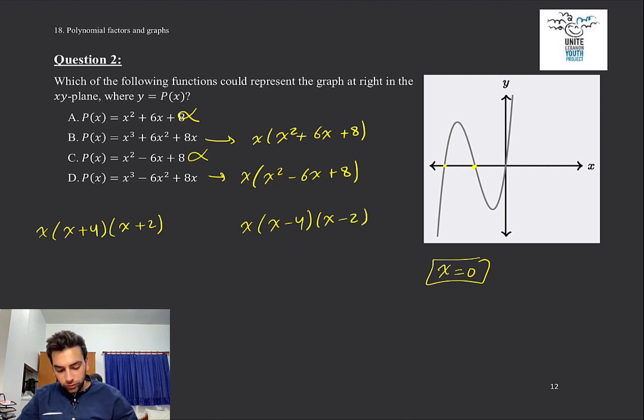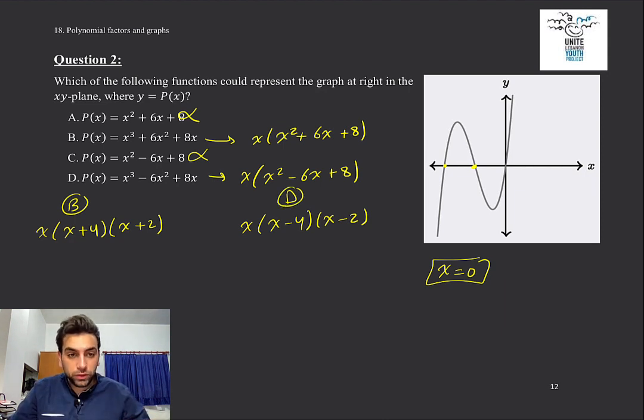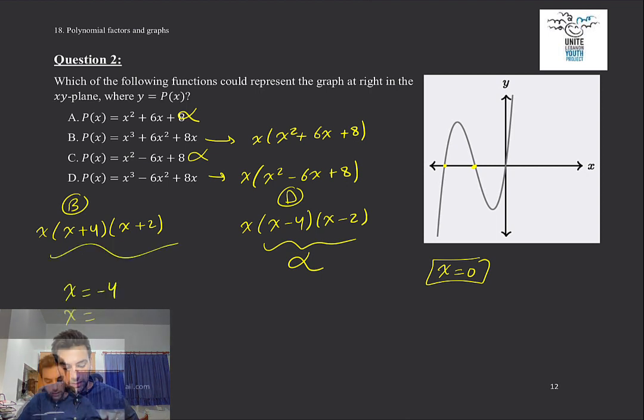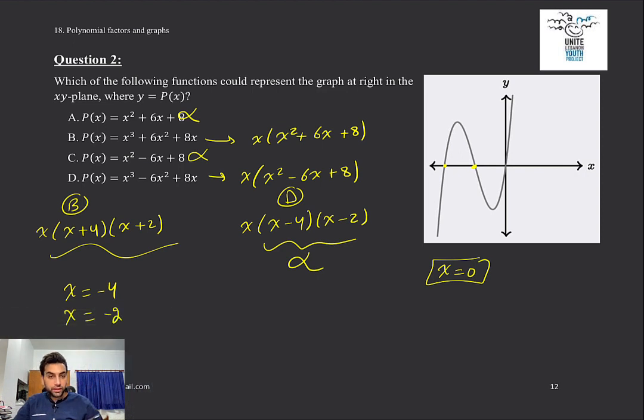So this is for choice number B, and this is for choice part D. Now, remember, our solutions had to be negative. Thus, this choice gives me positive roots, and it's not the case, whereas choice B gives me negative roots, which are x equals negative 4 and x equals negative 2. Thus, it is the case, and my solution would be choice number B.